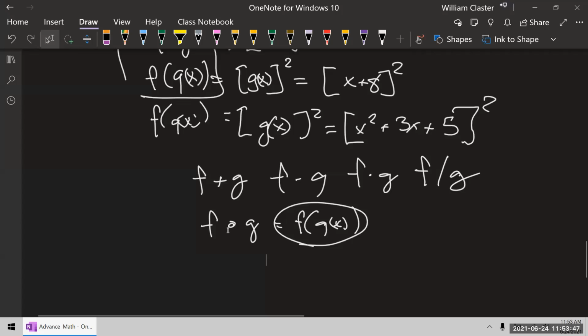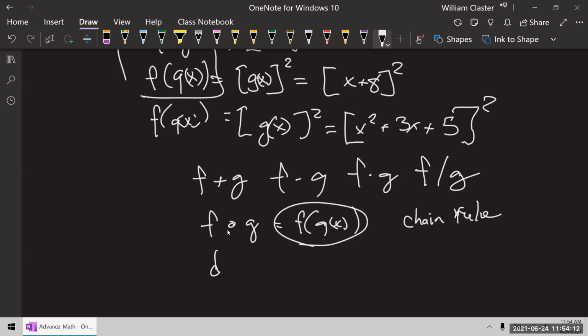And that rule has a name too. Like the other ones have simple names like the sum rule, the difference rule, the product rule, and the quotient rule, this one has a slightly different name. It's called the chain rule.